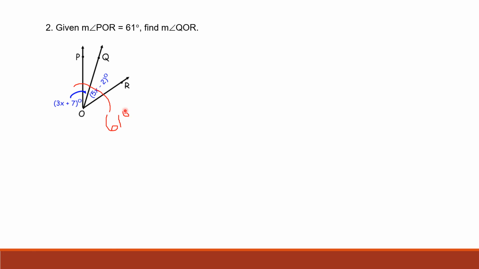Okay. So we're going to start with the geometry, the measure of angle POQ plus the measure of angle QOR, because remember the vertex should always be the center letter, equals the measure of angle POR.